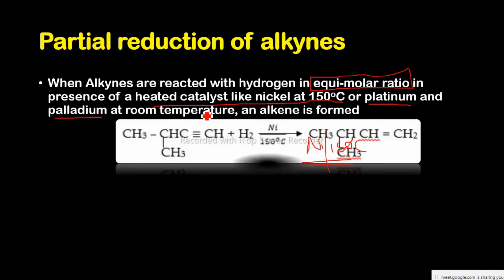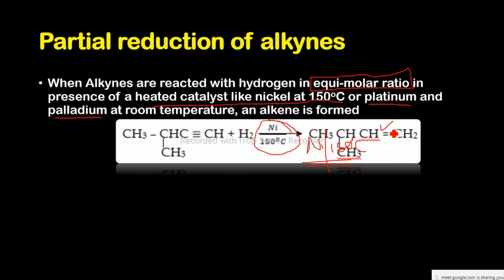So that is your equation. You have your alkyne, and the alkyne is reacted with nickel at 150 degrees Celsius, then you form an alkene. It is partial reduction.